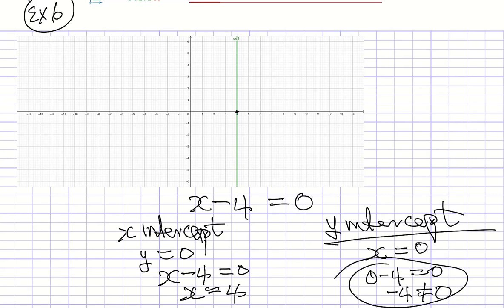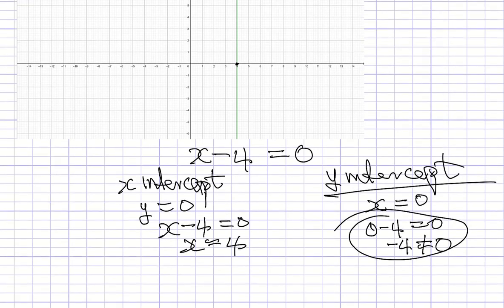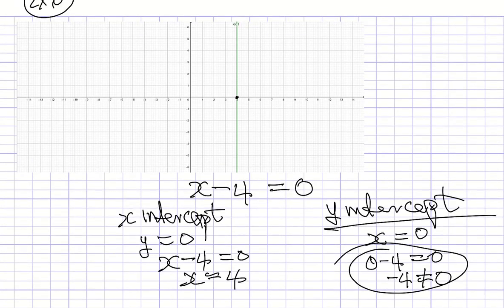Because the graph doesn't cross y anywhere, there's no y-intercept. The graph is a vertical line that goes through 4. Once you get that, you just draw a straight line through 4. That's all you have to do.